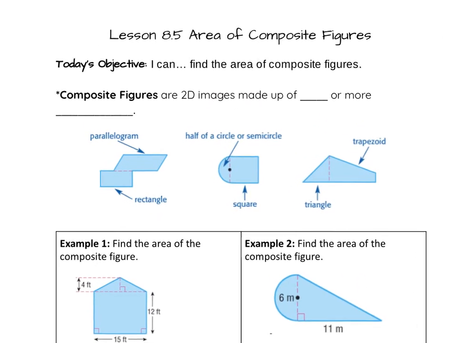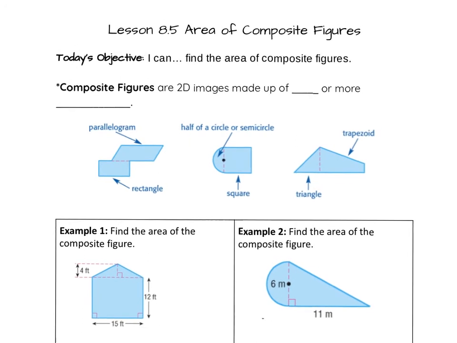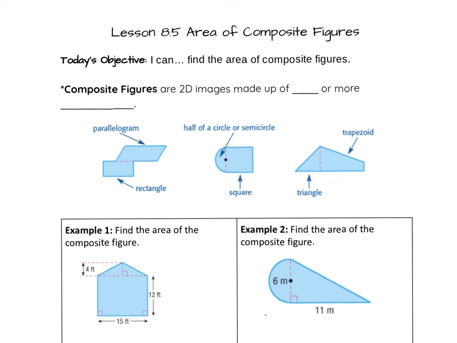It's back to area, not of circles necessarily, it's of composite figures. So the objective is I can find the area of composite figures. Composite figures are 2D images made up of 2 or more figures. So here's some examples of composite figures. You see how they're attached somehow?